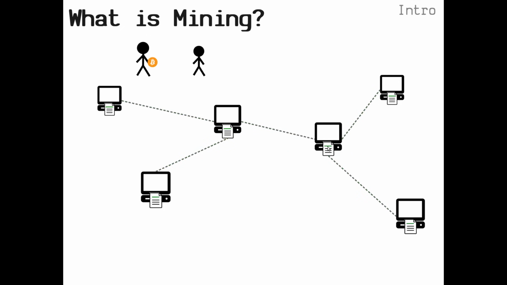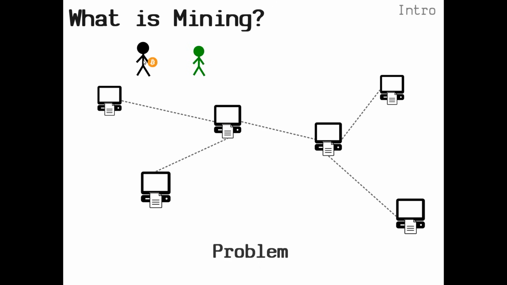So that would be a simple way of having a shared file, or shared ledger, of transactions. And then when everyone's updated their copy of the file, the ownership of that Bitcoin has changed from one person to the next person, and that would be a simple transaction. But there's a problem that needs to be solved if you were to do it this way.